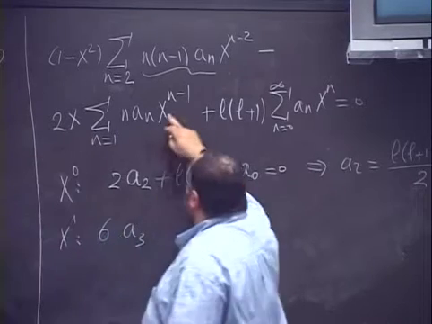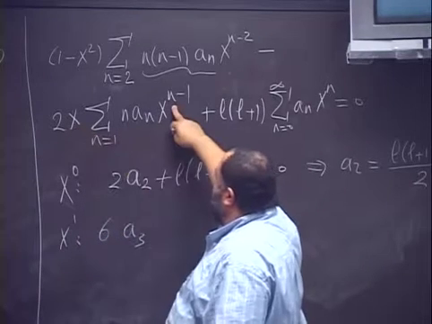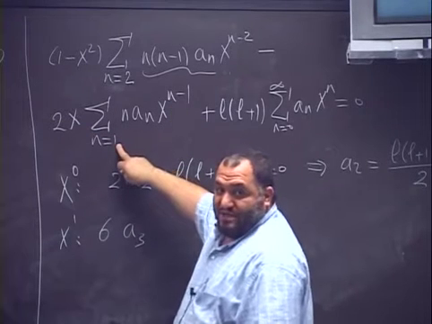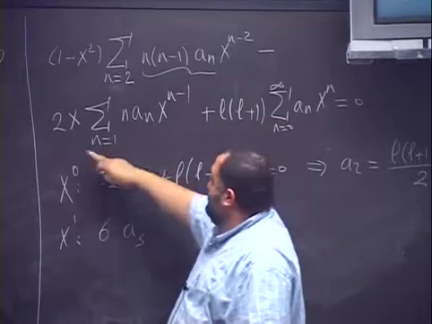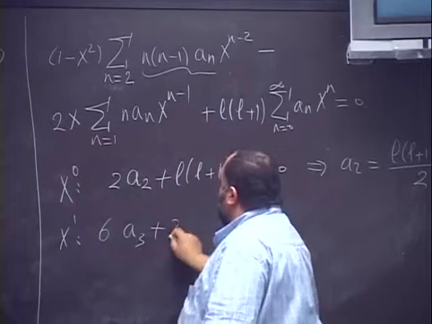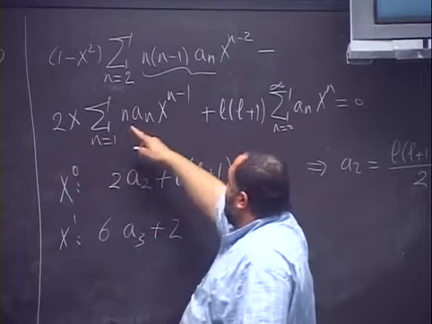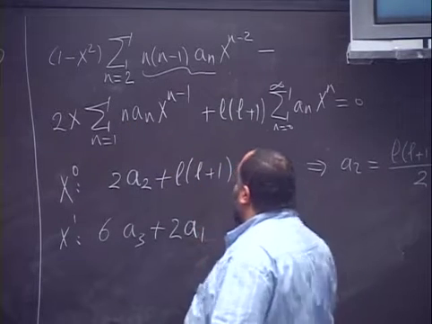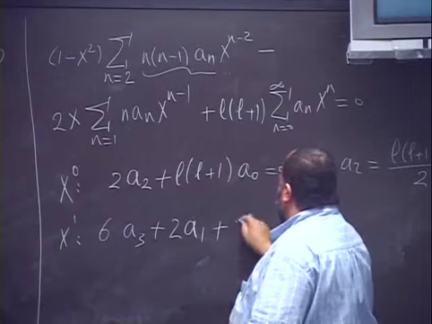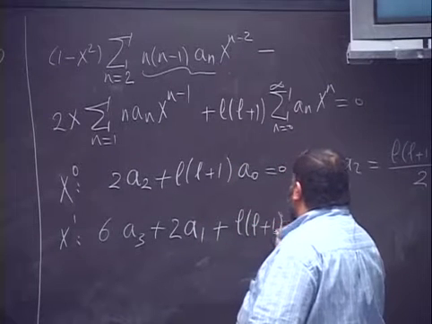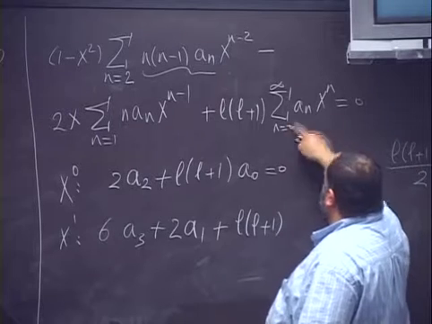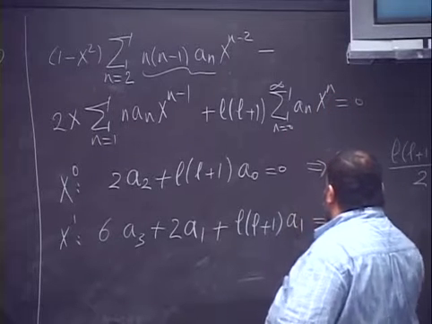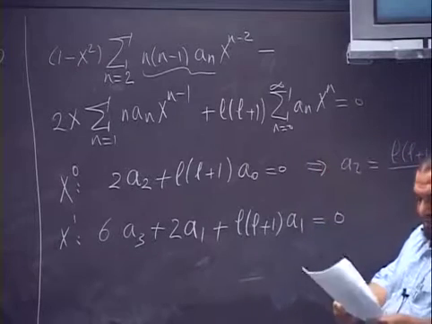And this will give me x to the power of n, and n equal to 1 will give me x to the power of 1. So this is 2 multiplied by 1, and this is a_1, plus l multiplied by (l plus 1) multiplied by a_1 with n equal to 1. So this will give you a_1 equal to 0.